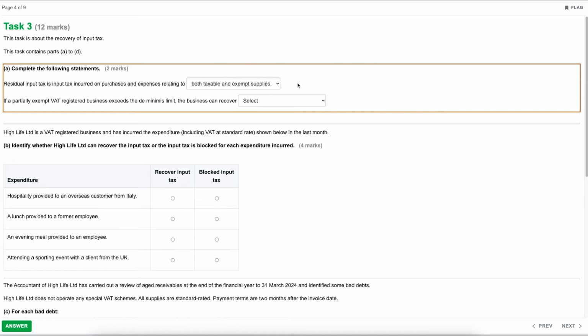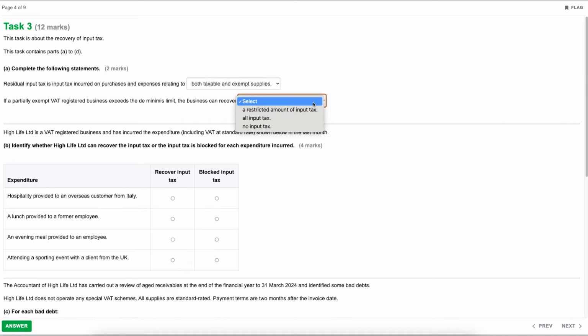So a typical example would be factory costs, because if you're making goods, some of which are taxable and some of which aren't, but then you're paying for a factory which covers both because you're making both, you've therefore got input tax that actually relates to both taxable and exempt supplies, and that is known as residual input tax.